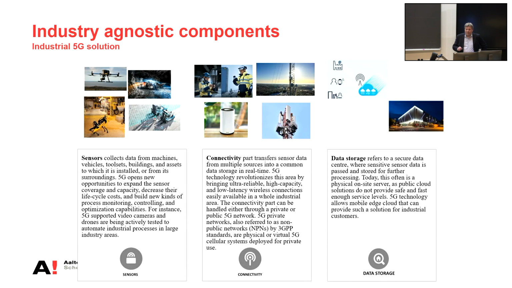When you are sending a video signal, for instance underground, it's the uplink capacity of the radio that is more important than the downlink. Traditionally, when we design networks, downlink is always the higher value. But in these industrial use cases, it can be the other way around. That's good to understand as well.